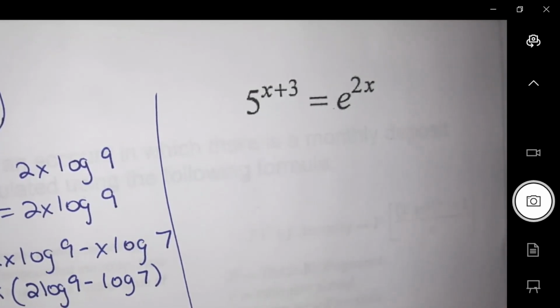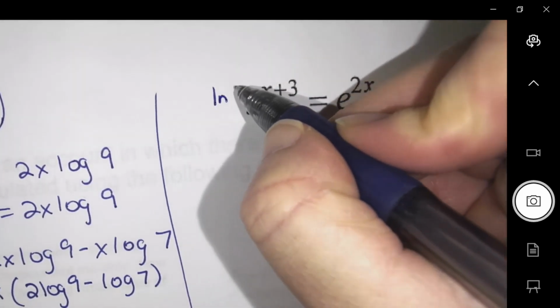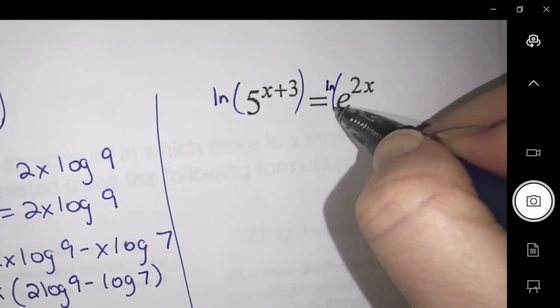Okay, what would you want to do? So we're exponential here, so I would want to, well, can't put anything in the same base, so that's out. So I'm going to log both sides. Instead of doing the log of both sides, what could I do to help myself out? The natural log of both sides.